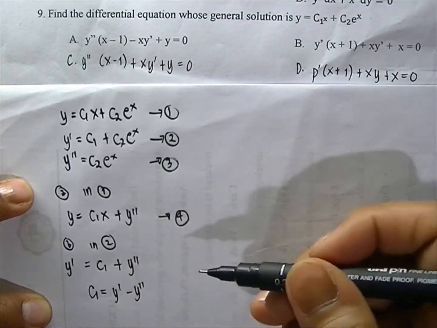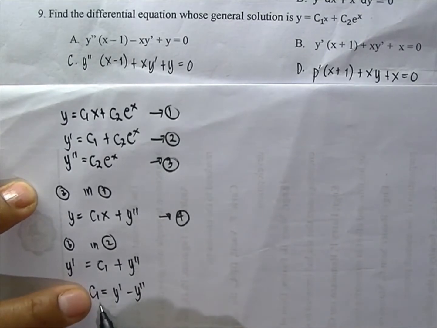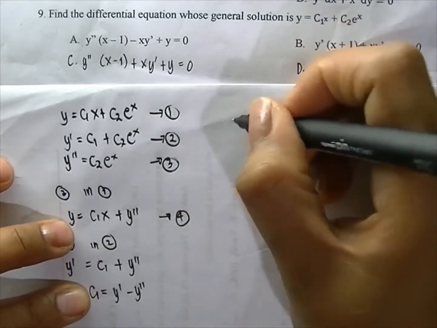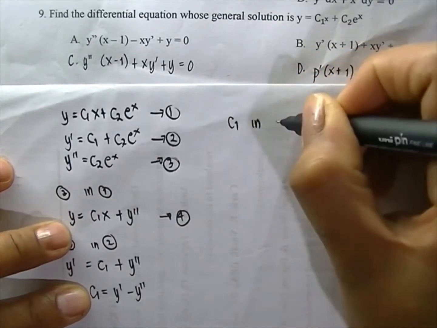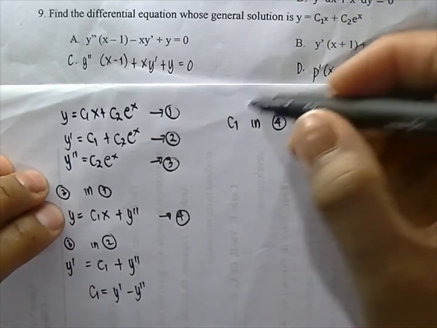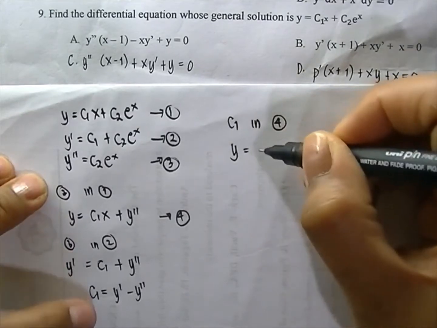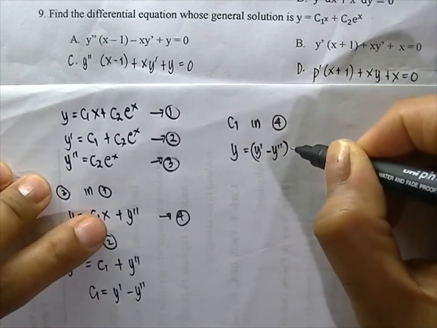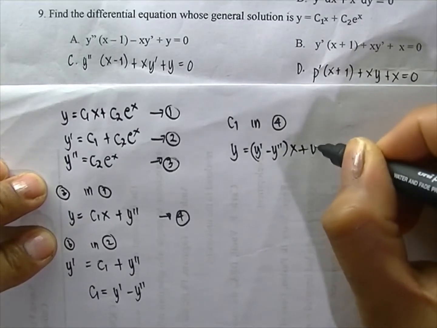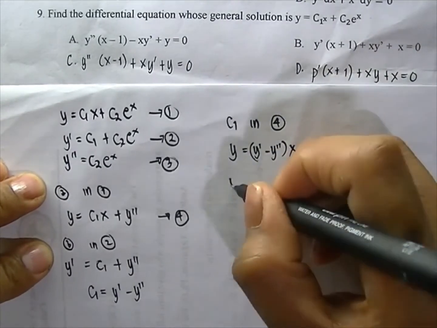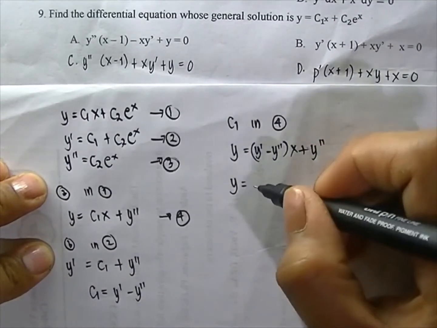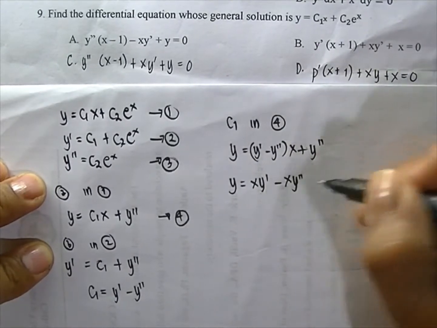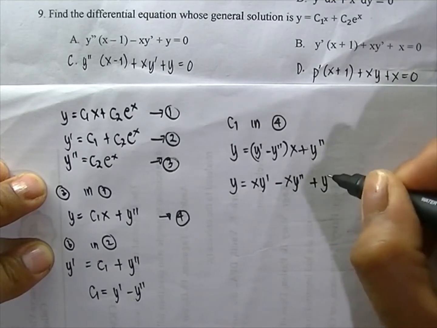So substitute c1 in equation 4. So c1 in equation 4, we have y equals (y prime less y double prime) x plus y double prime. So y equals, distribute x, we have x y prime less x y double prime, plus y double prime.